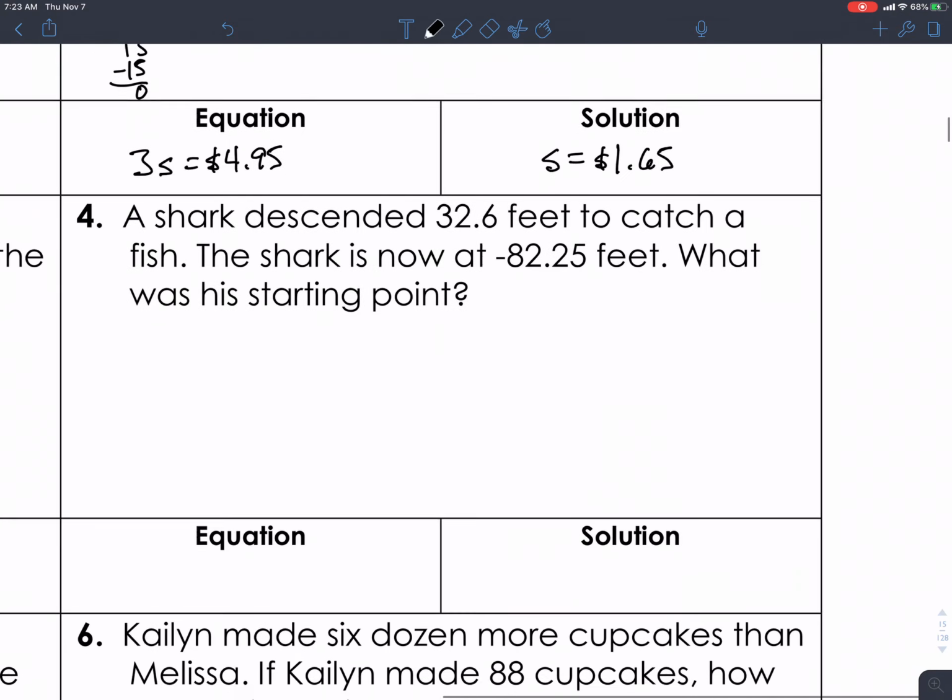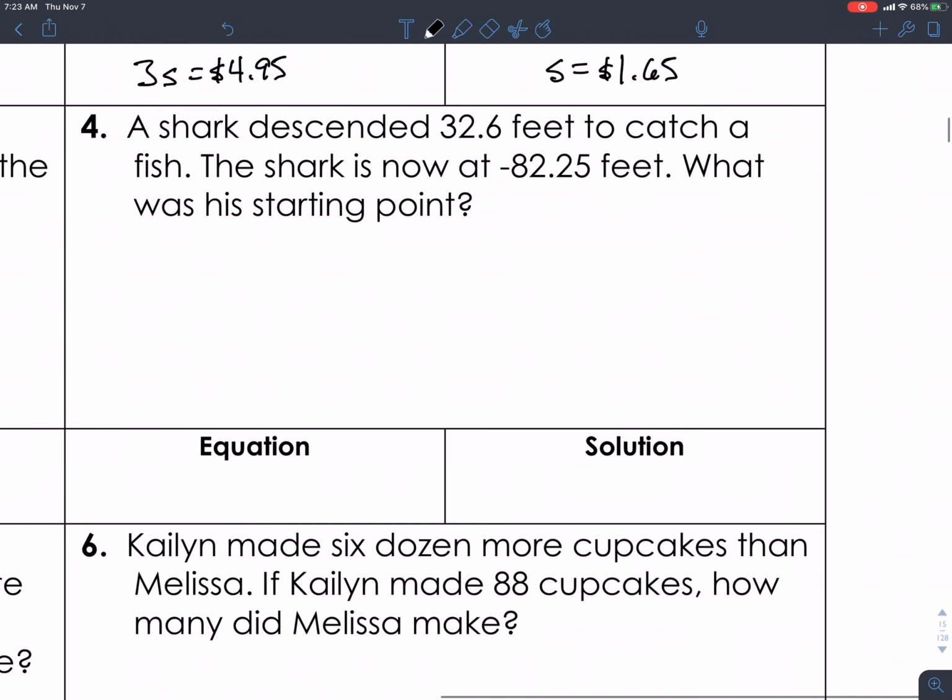Let's go down to number 4. Let's read through it. A shark. Think about this: there's a shark in the water somewhere, just swimming along. It's not at the surface, and it descended. If it descended, that's a key word. It went down 32.6 feet to catch a fish. The shark is now at negative 82.25 feet.